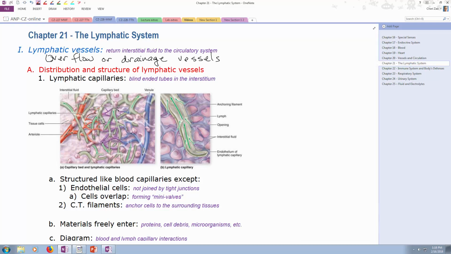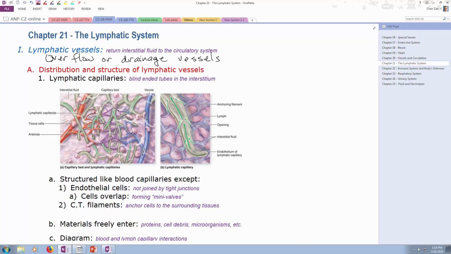And if you know anybody who's had, for example, breast cancer, and they've had lymph node dissection where they actually interrupted the lymphatic vessel system and blocked that lymphatic vessel return of this overflow, those individuals will experience a problem called lymphedema.